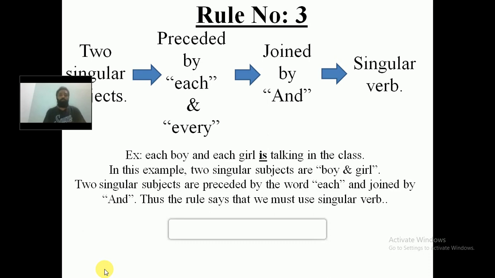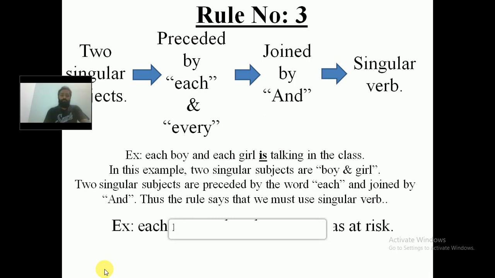So here we have taken the word each. Each boy and each girl joined by and. So we are using the singular verb is. So once again, two singular subjects preceded by each or every, joined by and, we are using the singular verb.